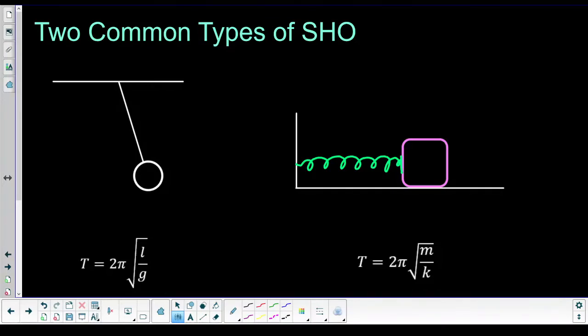The first type of harmonic oscillator is a pendulum. And this is exactly what you think it is. Maybe not quite as interesting. You might be thinking of Newton's cradle, which is like this, right?